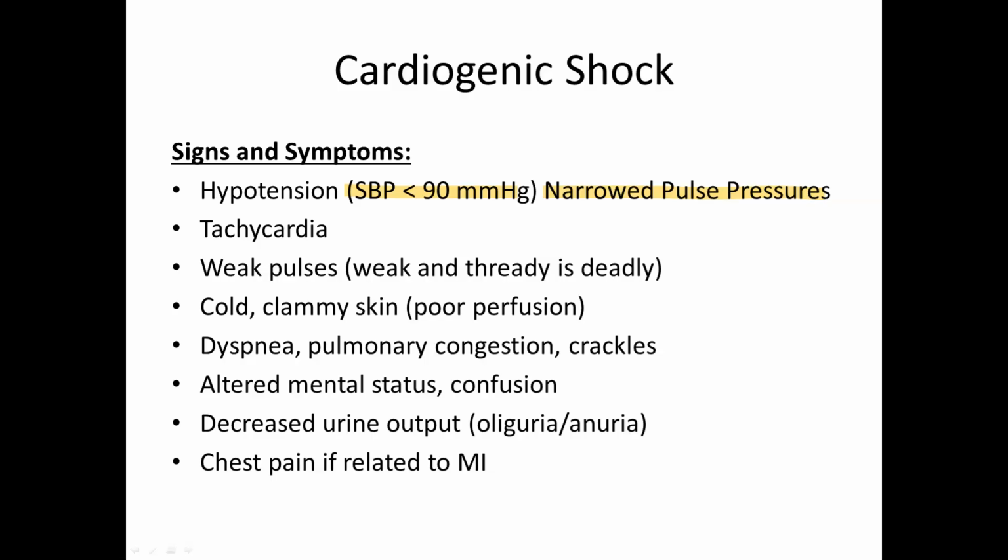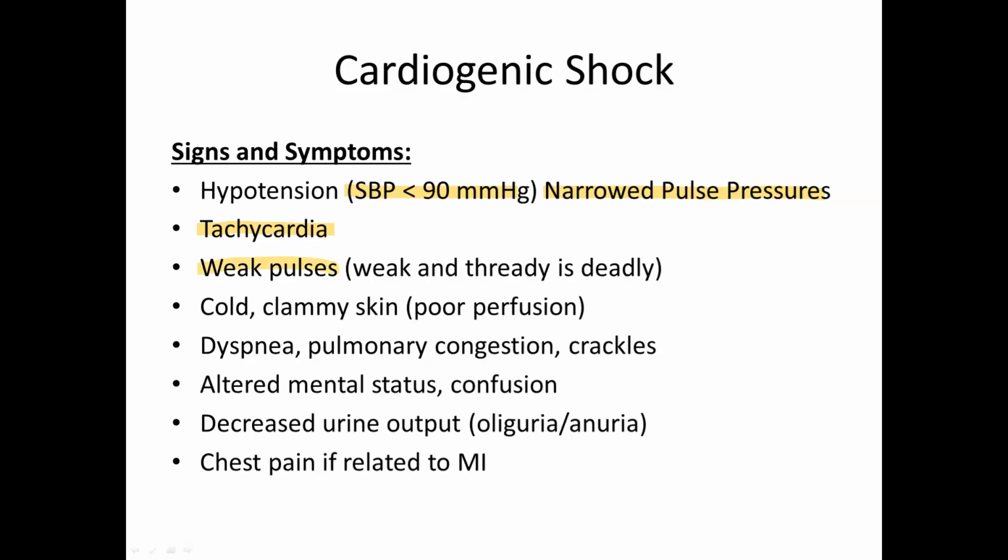We've tried to outline why that is, but basically what you need to understand is because those compensatory mechanisms are failing, there is a huge difference between a blood pressure of 100 over 50 and a blood pressure of 90 over 70. 90 over 70 are narrowed pulse pressures. Right, it should be at least 40, and then you may see them become tachycardic, but again, eventually those compensatory mechanisms are going to fail.